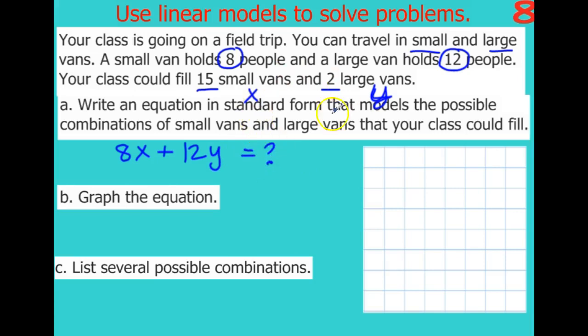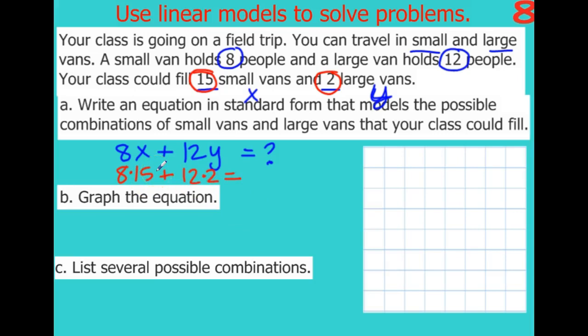But we don't know that, so we're going to plug in. We know that we can fit in 15 small vans and 2 large vans. So 8 times 15, plus 12 times 2, to give us our total.